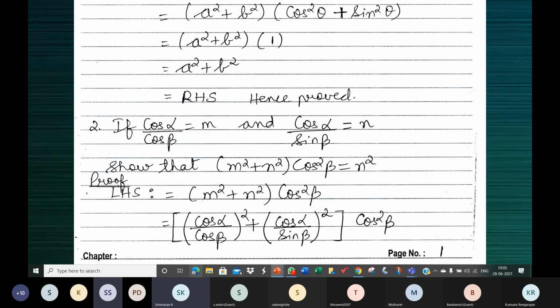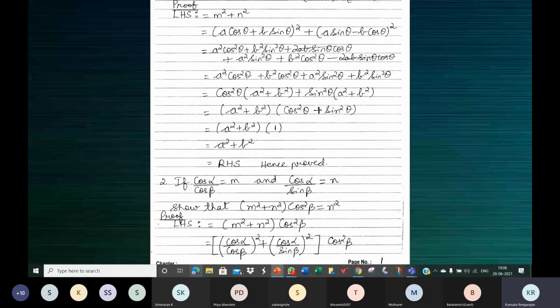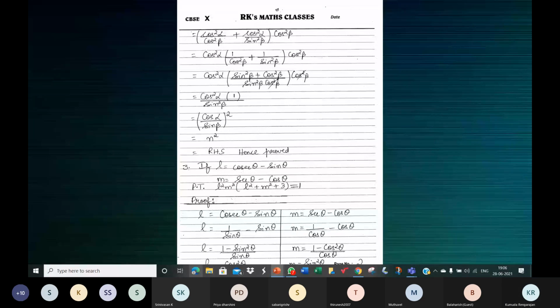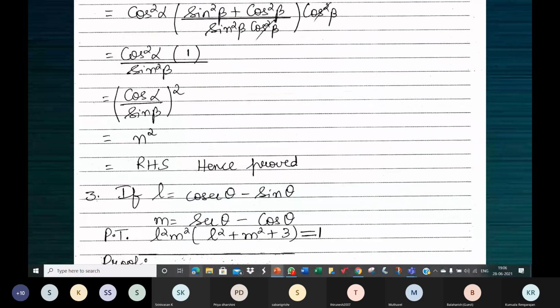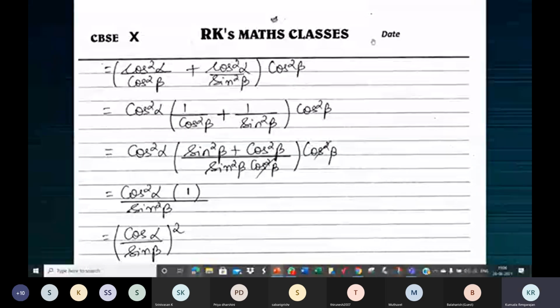Cos square alpha by cos square beta plus cos square alpha by sin square beta into cos square beta. Yeah. So this is what happens when you square it. Square the first term, square the second term, this is what you get.